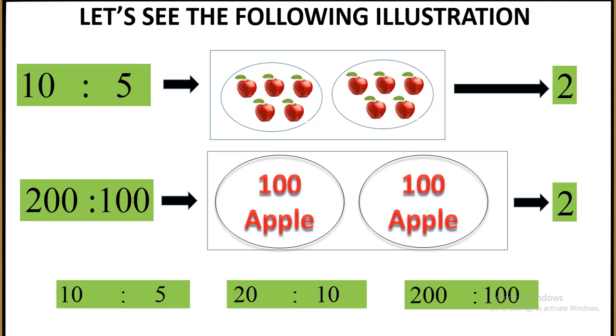So what is the relationship between 10 divided by 5, 20 divided by 10, 200 divided by 100? What's the relationship? Even though the expressions are different, the result is the same.